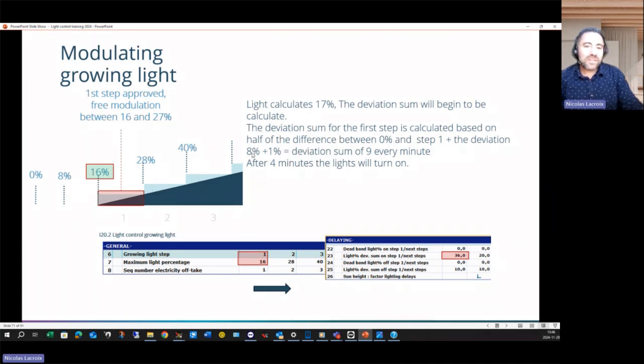So the difference between 8 and 16 plus my 1%, because I'm asking 17, gives a deviation of 9% every minute. The control will calculate 9 every minute and add that until it reaches my set deviation sum for step 1, which is 36. So after 4 minutes, my lights will turn on.